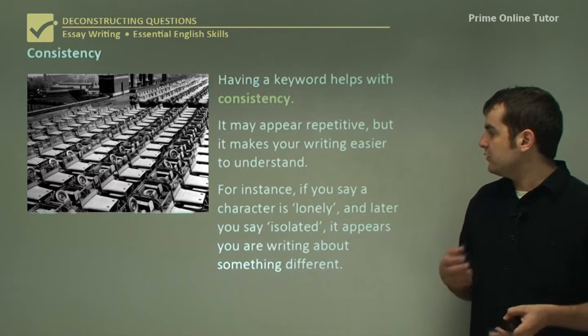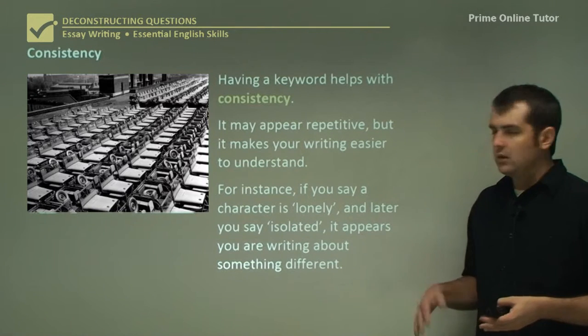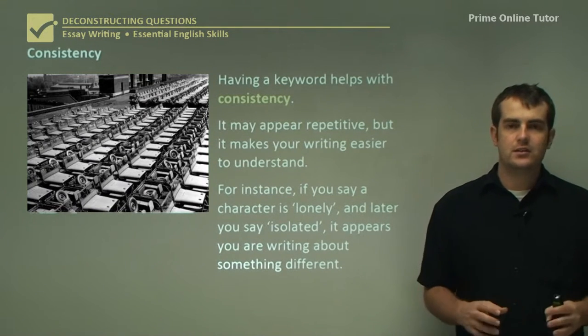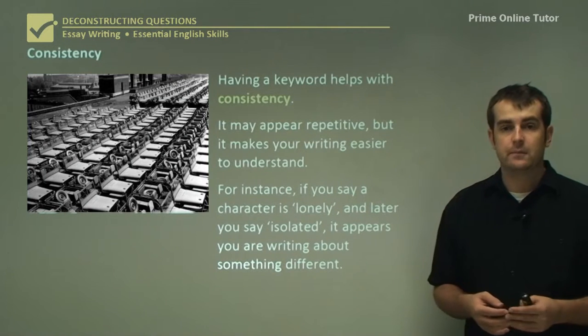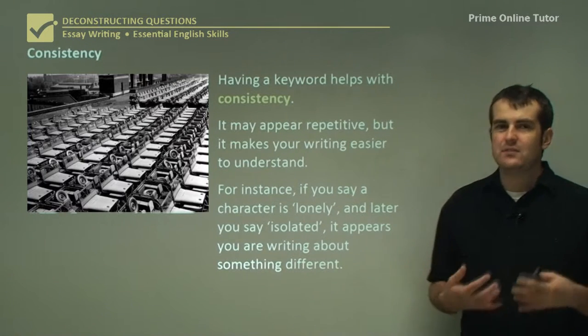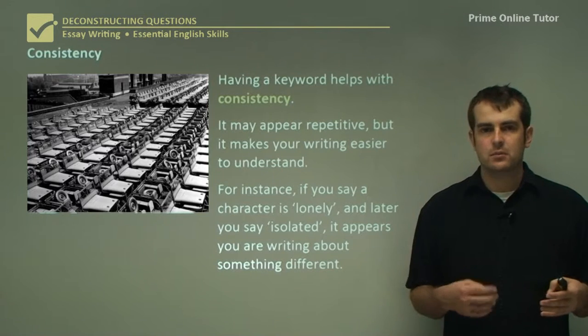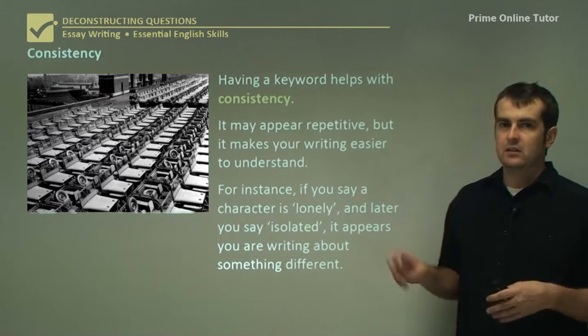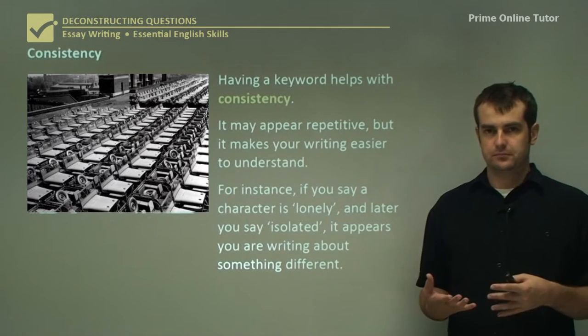So for instance, if I was trying to prove that a character is lonely, and then later on somewhere I say they're isolated, and I'm really trying to say that they're lonely, then really what you're doing is writing about something different. And that's, again, confusing, because lonely and isolated, their literal definitions are different.